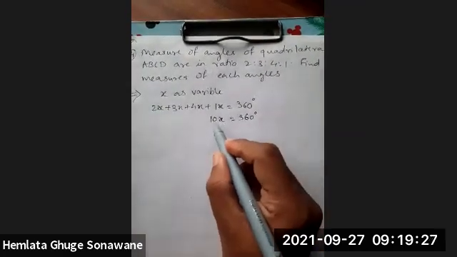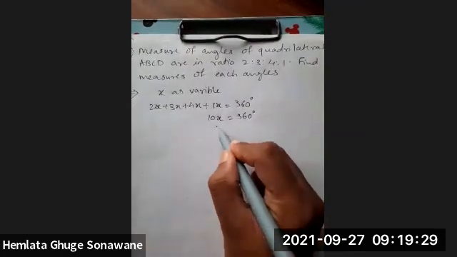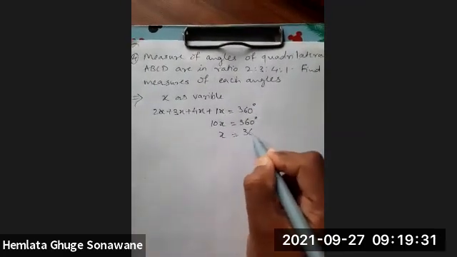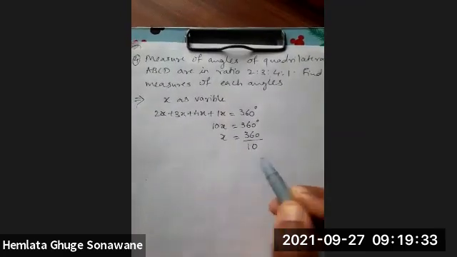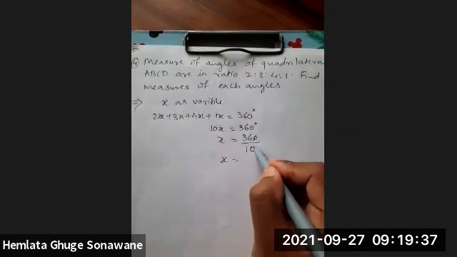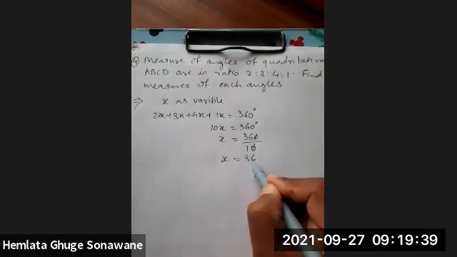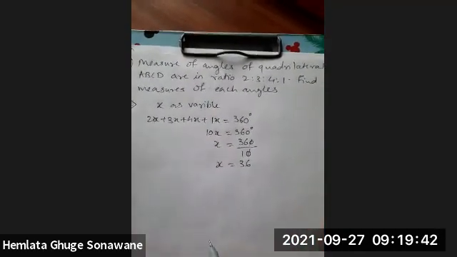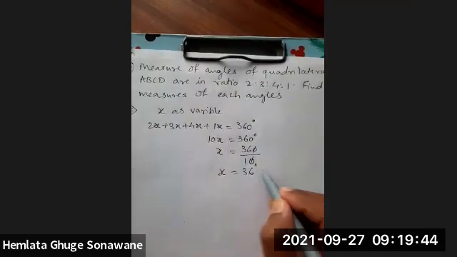Now here this 10 divides here. So x is equal to 360 upon 10. So it becomes x is equal to 36. Okay, we have got value of x as 36 degree.